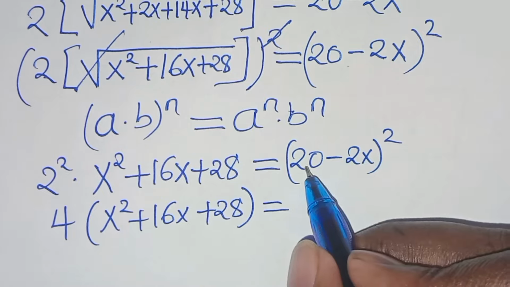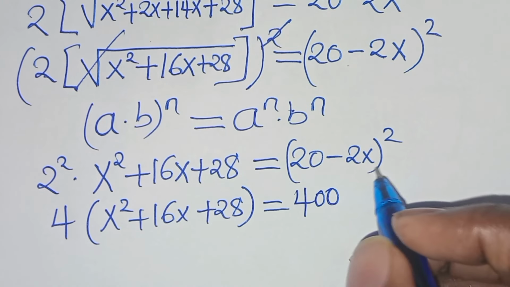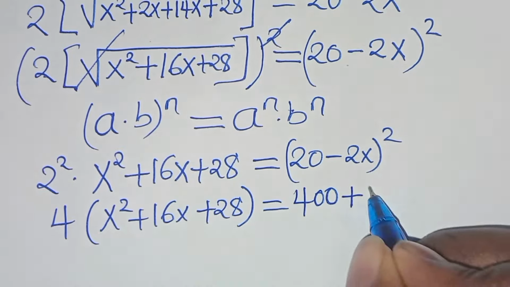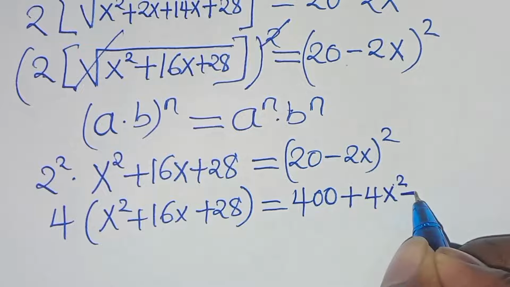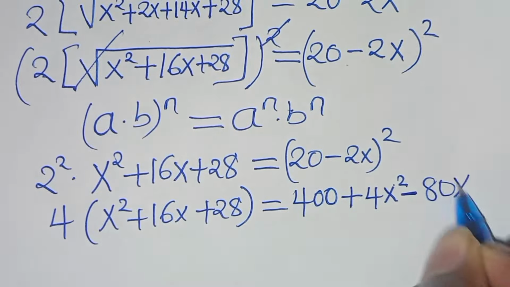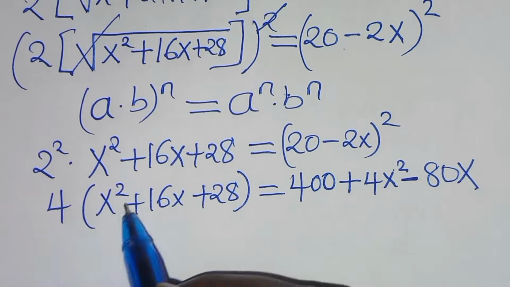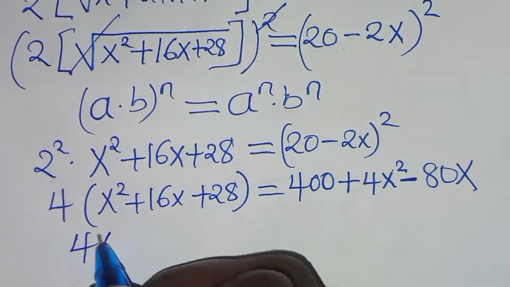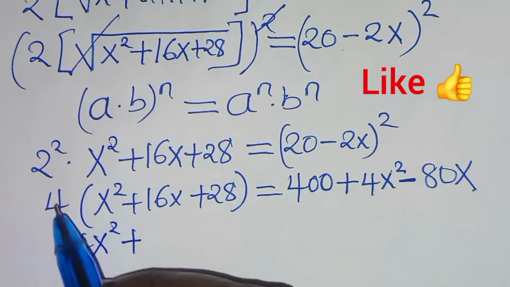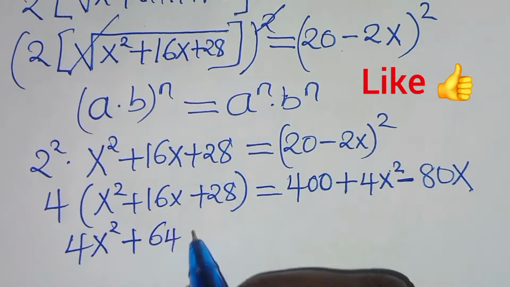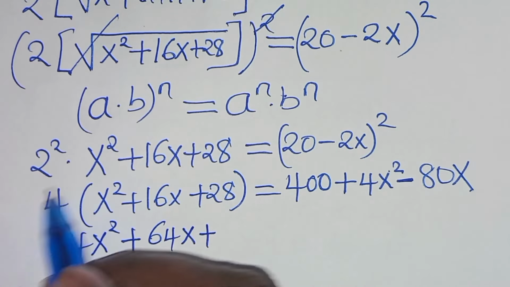This implies that we have 20 squared, which is 400. Then plus 4x squared. Then minus 80x. So here we have 4 times x squared. This is 4x squared plus 16x times 4. This is 64x. Then plus 28 times 4.